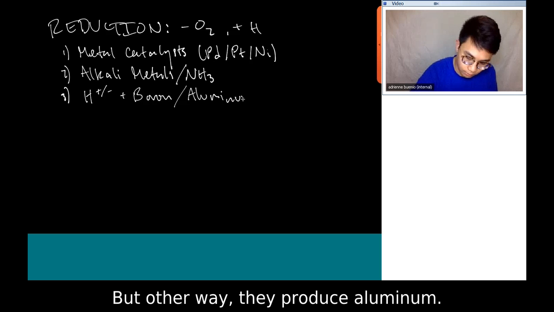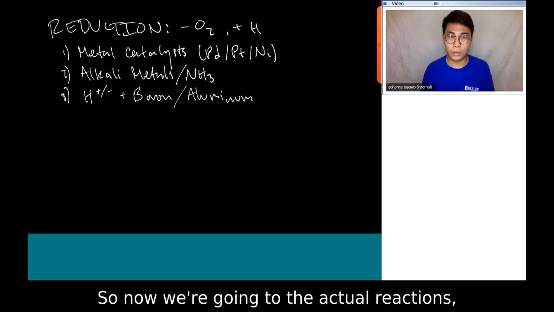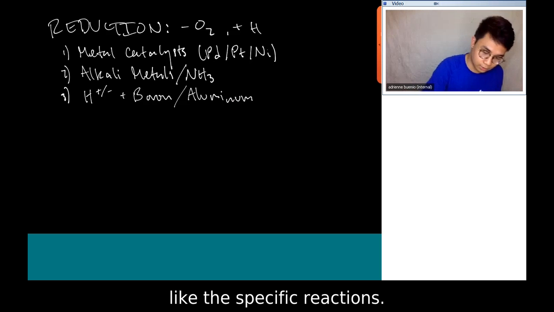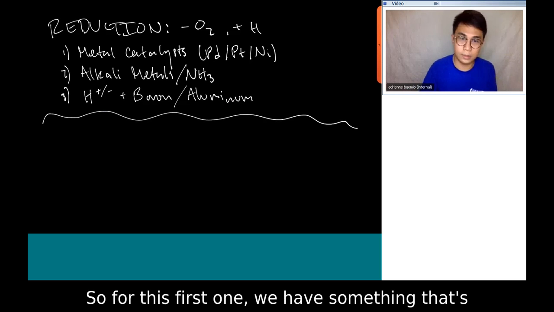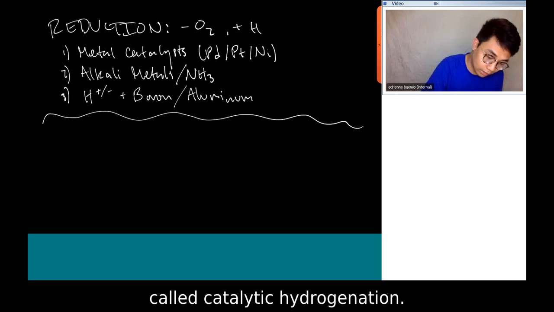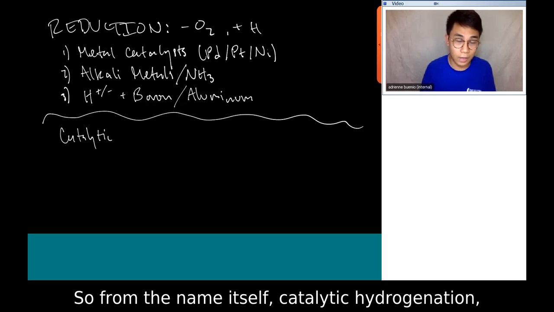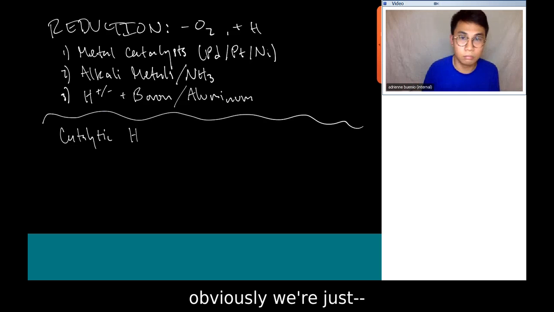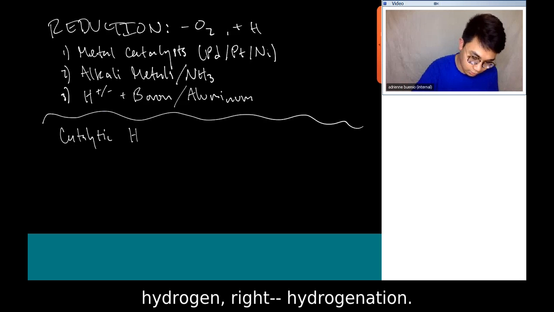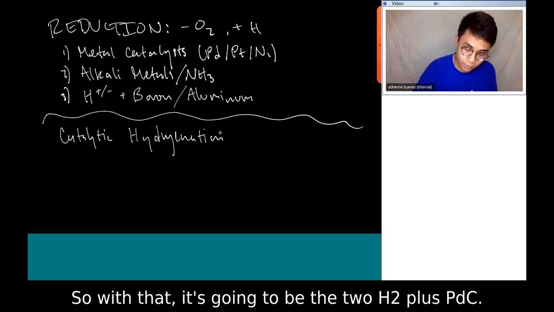Aluminum. Okay, so now we go into the actual reactions, the specific reactions. So for this first one, we have something called catalytic hydrogenation. From the name itself, catalytic hydrogenation, obviously we're just adding hydrogen, right? Hydrogenation. So with that, it's going to be 2 H2 plus Pd/C.